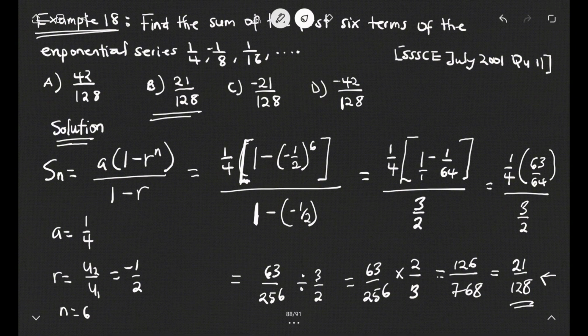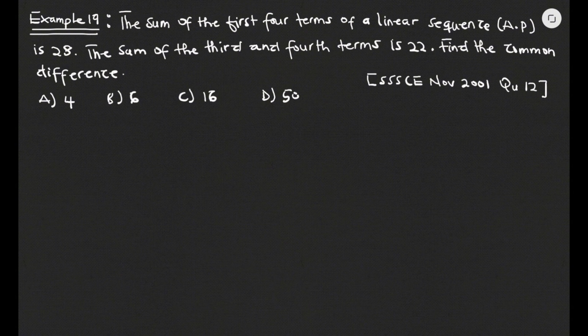All right, so let's look at question number 19. The sum of the first 4 terms of a linear sequence, that is AP, is 28.